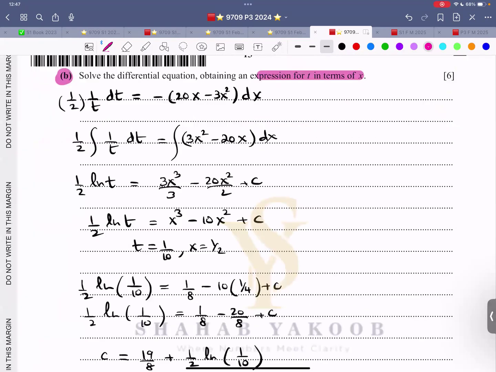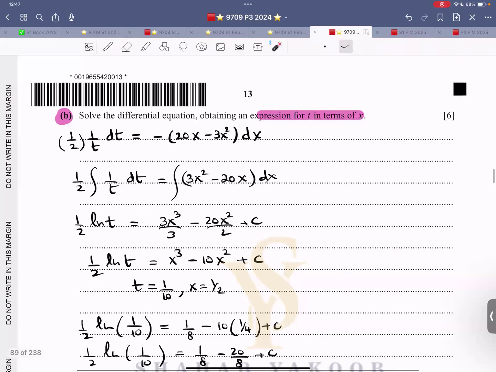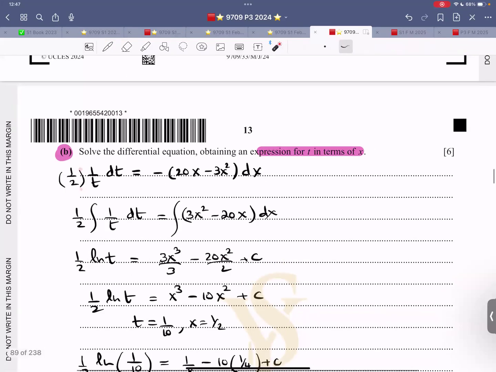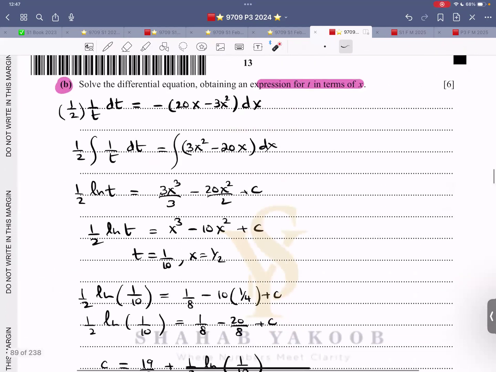Now, when we solve this differential equation, we have this thing. I took this k on this side. This is half. This is half. And this is t, and this dt is over here. And I took this negative on the other side. There is this half on this side.